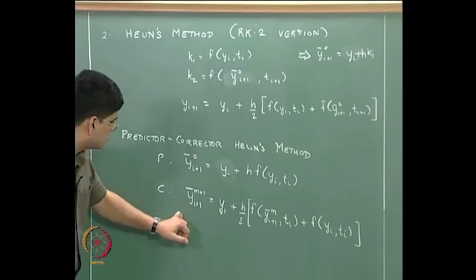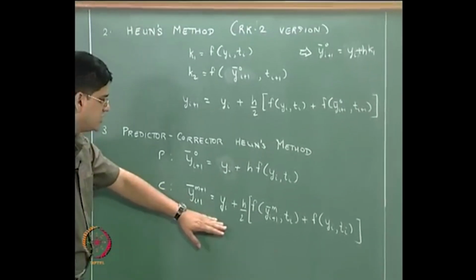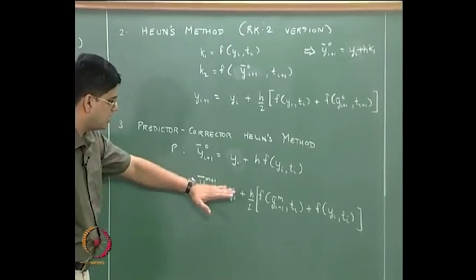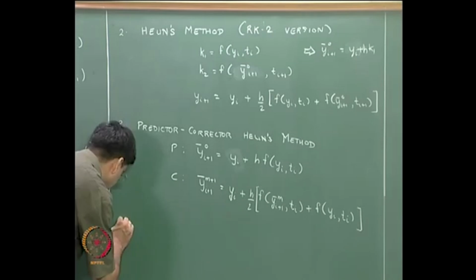This is what we use as the corrector equation for the predictor corrector Heun's method. And if we keep using this equation until convergence, we will get the Crank-Nicolson method.